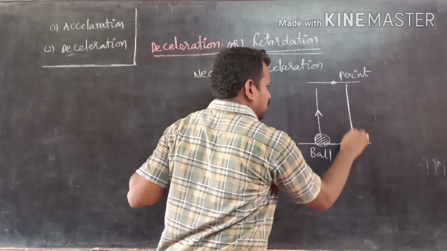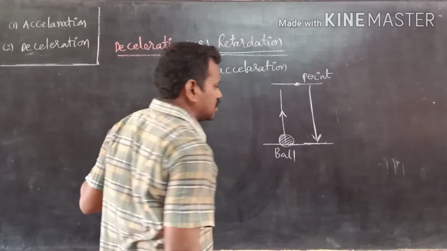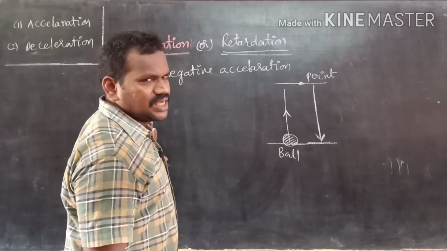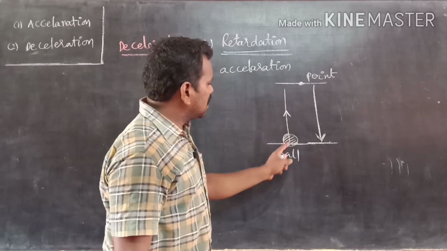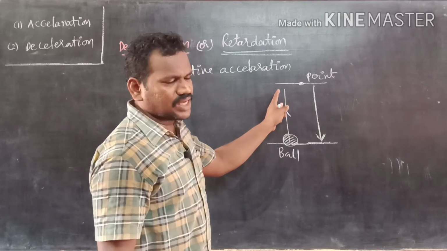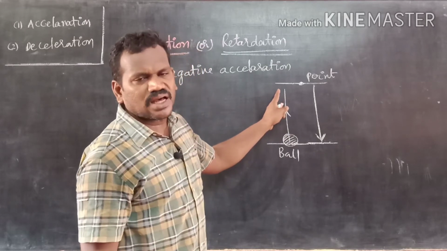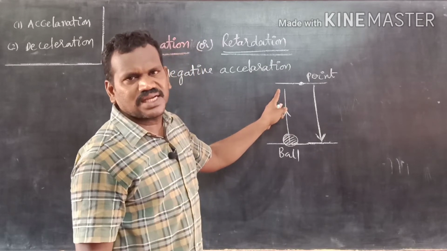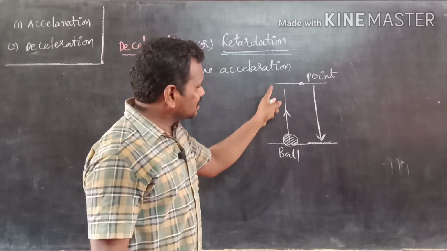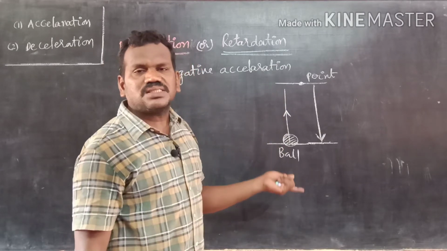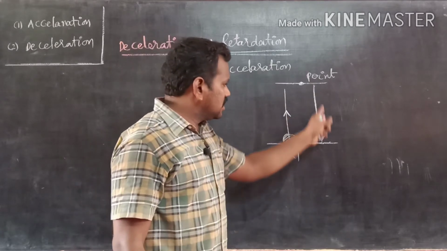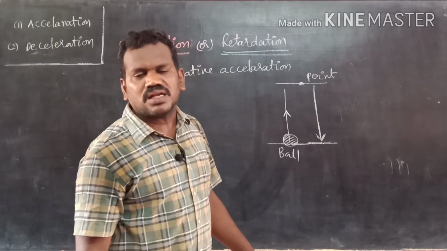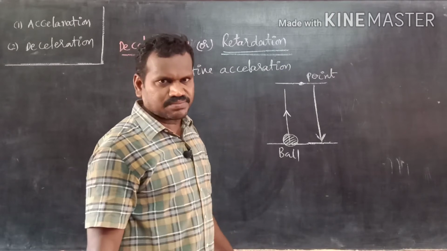The ball which is coming down in a free manner is called a freely falling body. As it moves upward, the velocity of the ball gradually decreases. Here, on the way down, the velocity of the ball gradually increases.